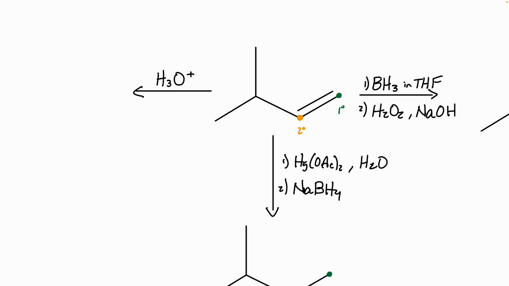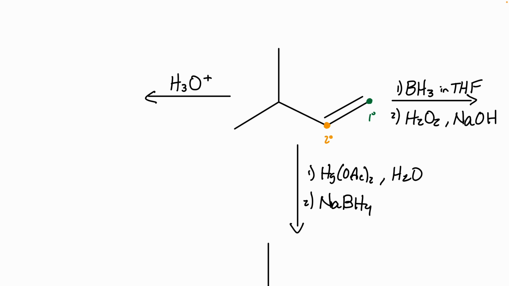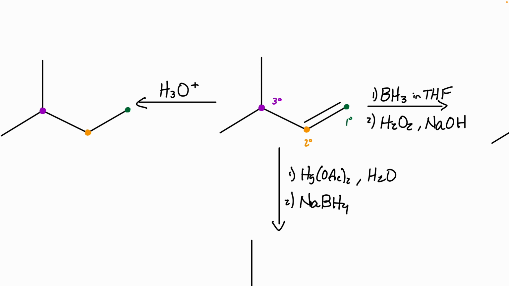The tricky bit here is going to be our hydration reaction, and that's because of that carbocation intermediate, I have to watch out for those hydride and methyl shifts. In this case, my secondary carbocation is going to form right next door to a tertiary carbon. And so what I'm going to see is a hydride shift leading to the alcohol forming on that more substituted tertiary carbon.